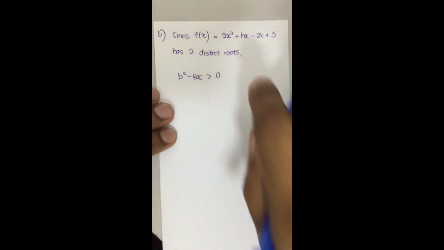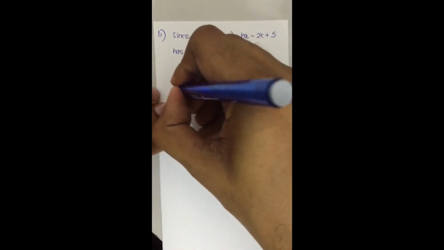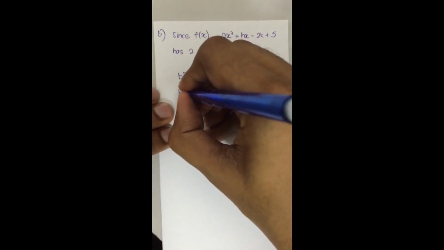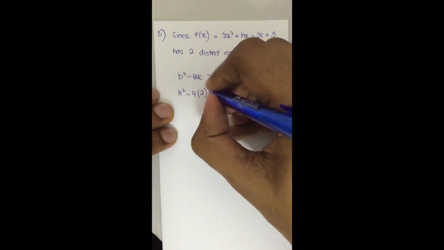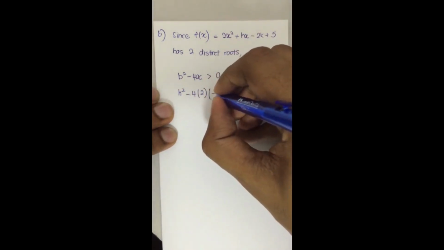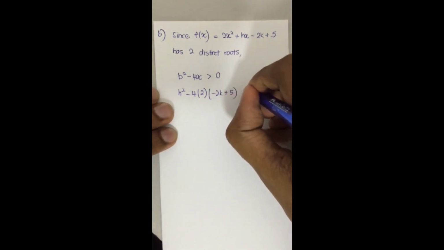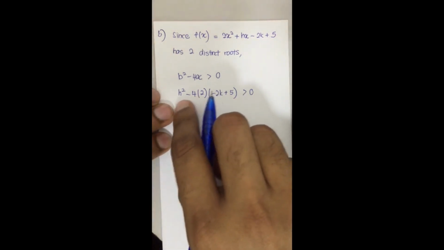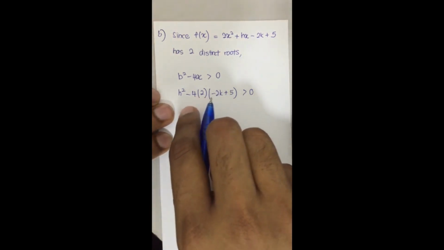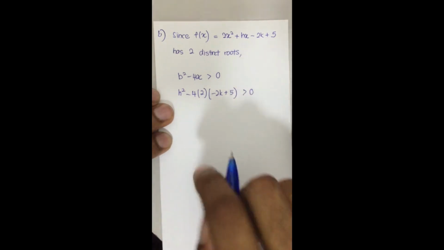Let us substitute all the respective coefficients into this equation. From here, h squared minus 4 times 2 times minus 2k plus 5 more than 0. So we multiply the minus 4 with 2 first, and then that answer we later multiply with minus 2k plus 5.